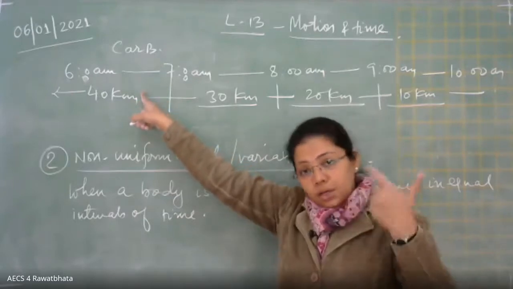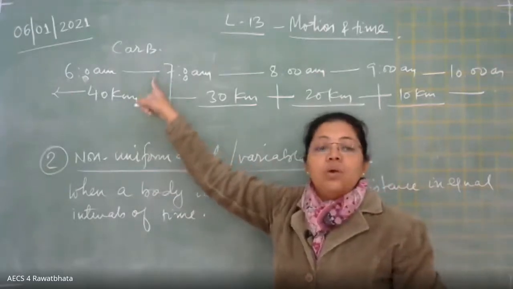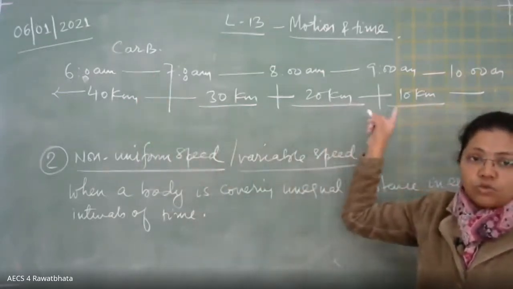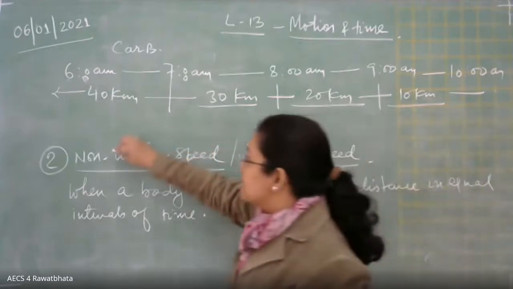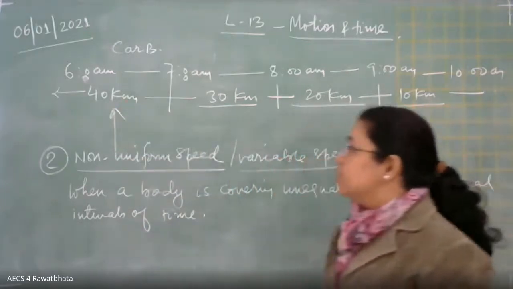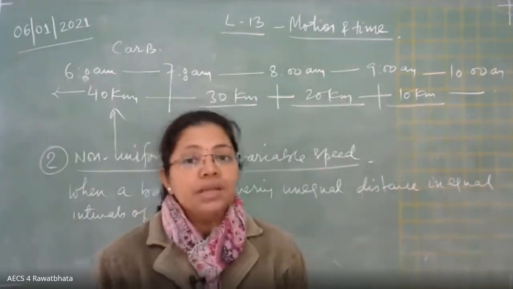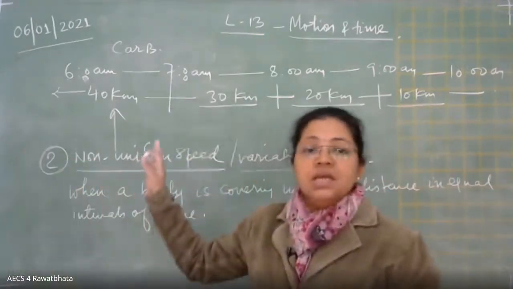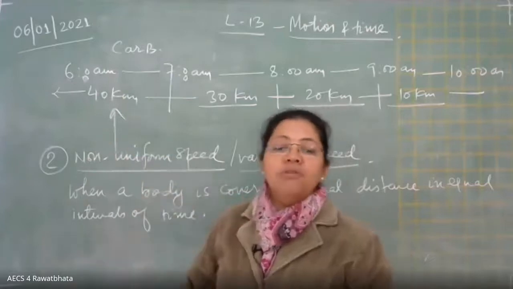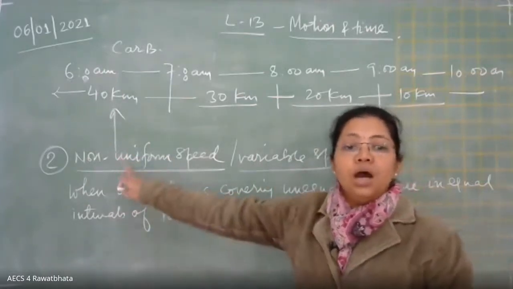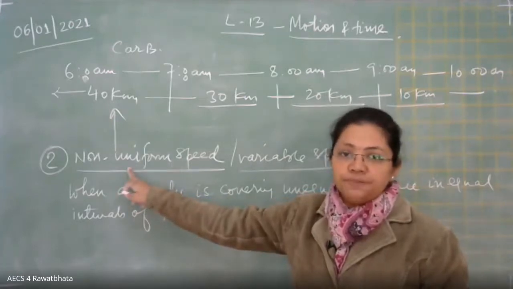But we came to know that in every hour it is not covering equal distances. So we will say the car is moving with non-uniform speed or variable speed. And this is the reality of how our vehicles move in our day-to-day life. Means they move with a non-uniform speed.